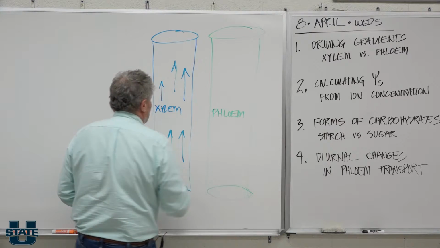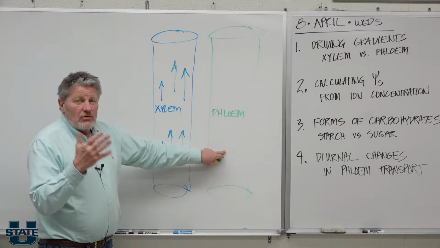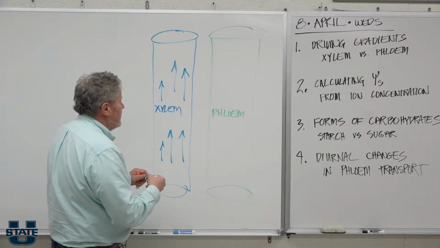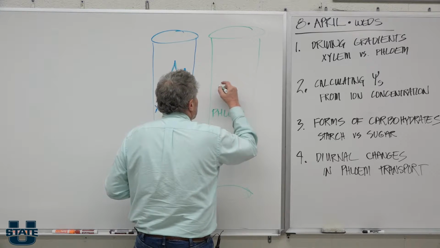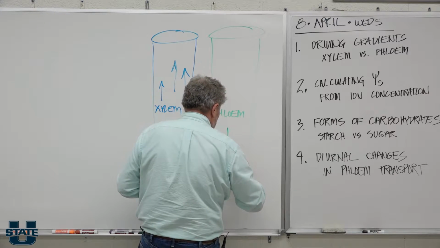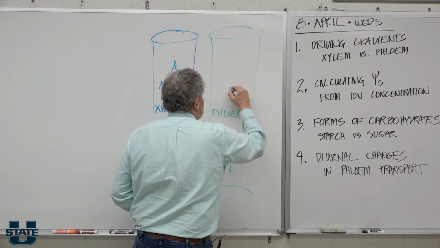Huge velocity of water going up. The phloem, on the other hand, is on the order of 1/100th the flow rate of the xylem. So here we're going to have little tiny arrows, just a couple little arrows pushing down in the phloem.